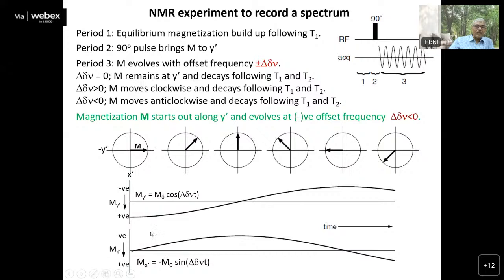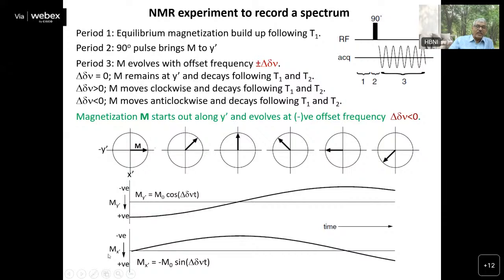Now if you measure the magnetization along the x prime axis, what you will see is that when the magnetization is along the y prime axis, the x component is 0, and then as it rotates anti-clockwise, you will see a buildup of magnetization along the minus x-axis.